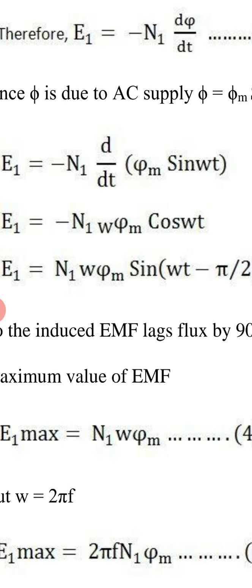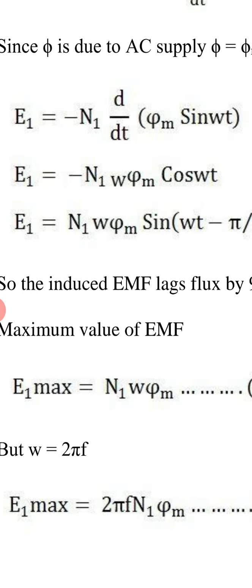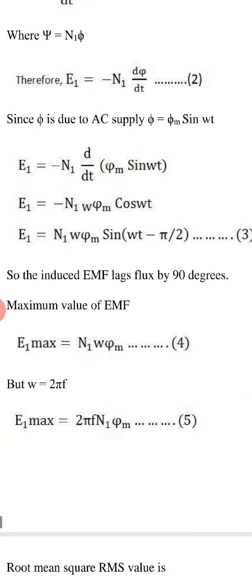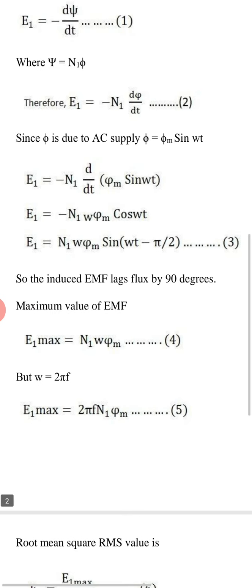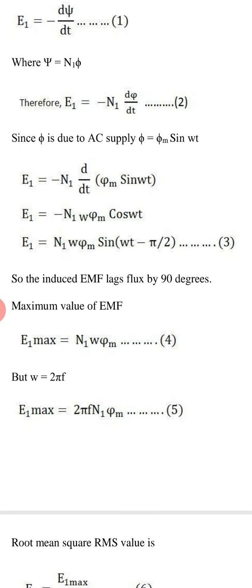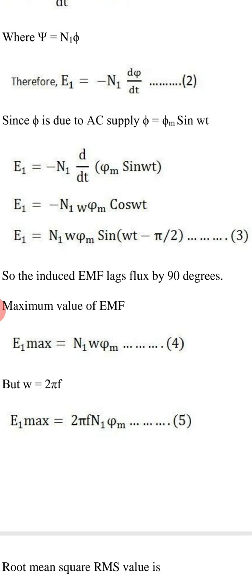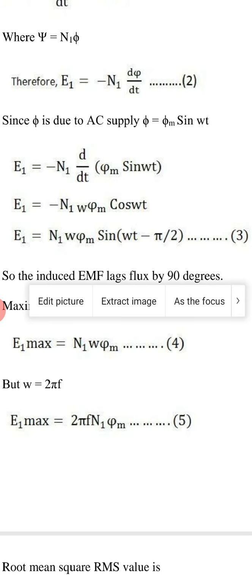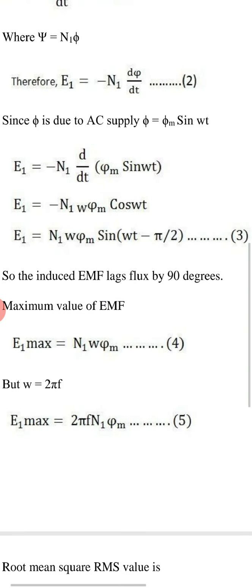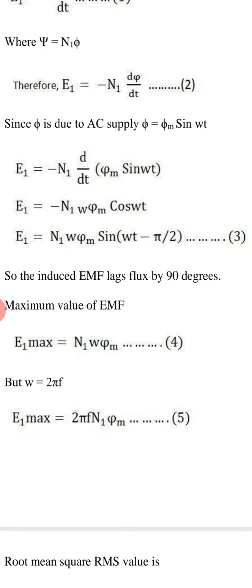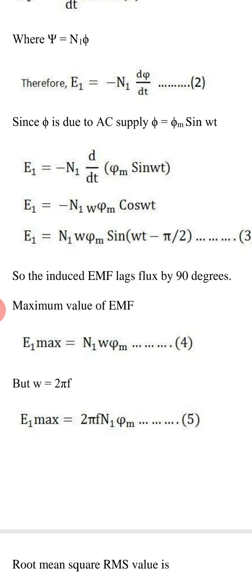By differentiating, we get equation number 3, which is E1 is equal to N1 omega phi m sine (omega t minus pi by 2). This equation 3 clearly states that the induced EMF is lagging behind the flux by 90 degrees.